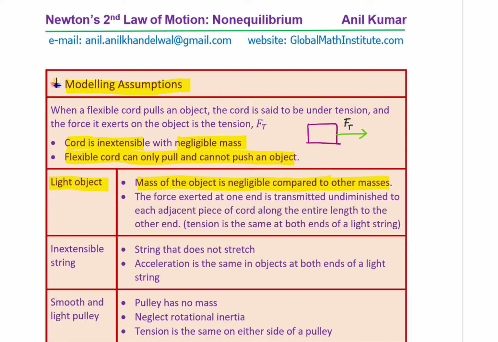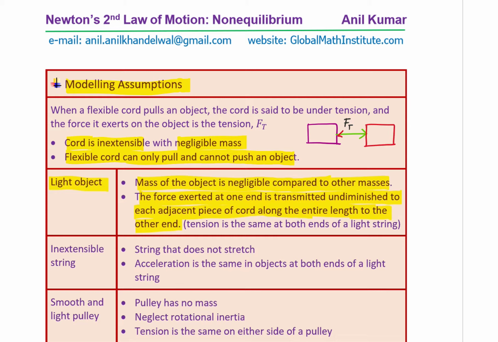And then also the force exerted at one end is transmitted undiminished to each adjacent piece of cord along the entire length to the other end. So that is to say that if I connect another mass here, right, then we have the same force exerted on both the sides.